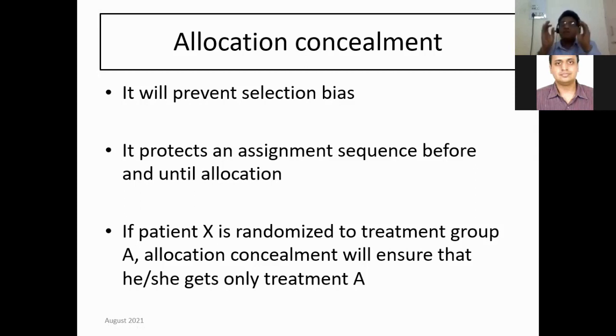So that means if a patient X is randomized to treatment group A, this allocation concealment will ensure that he or she gets only treatment A and not treatment B, right?